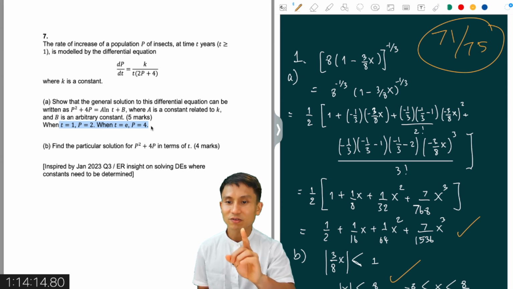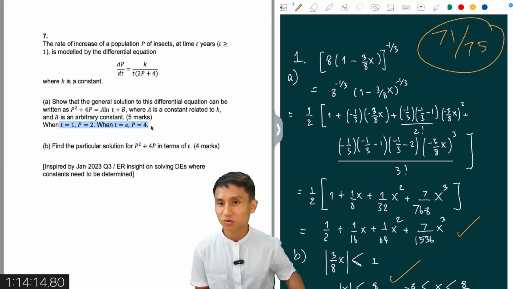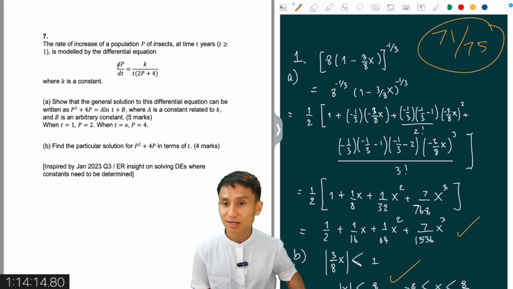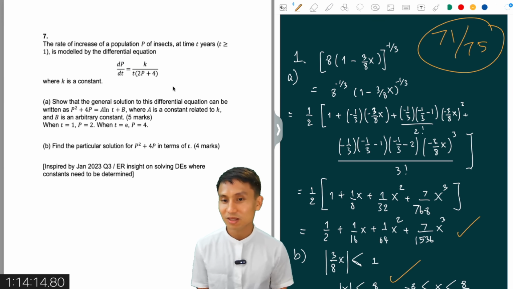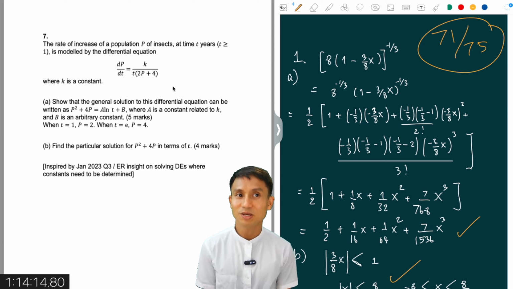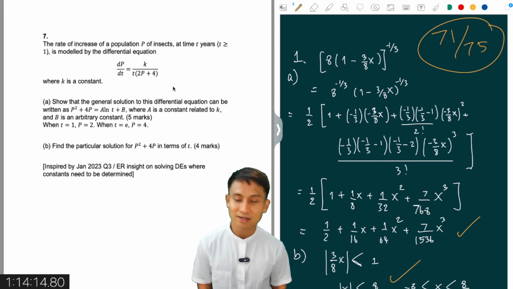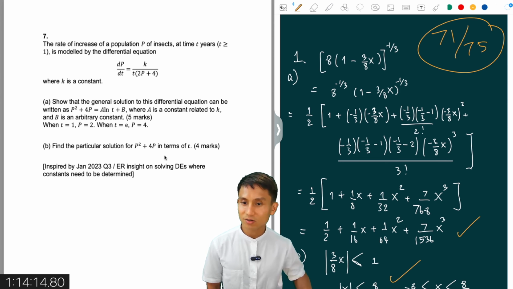Sometimes they also give you the rate of change, so they might tell you in words that the rate of change of population is something when time equals something. So you need to know that it's dP by dt, and then you sub in, you get 2 conditions, you solve K and C. Okay, so this is also fine.